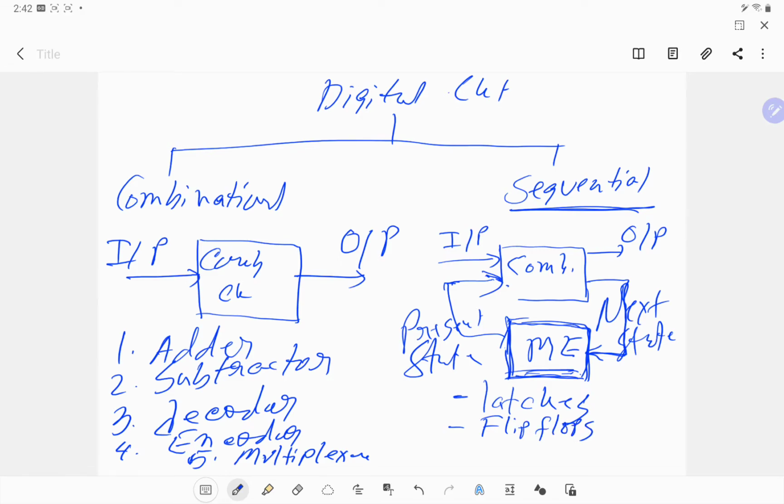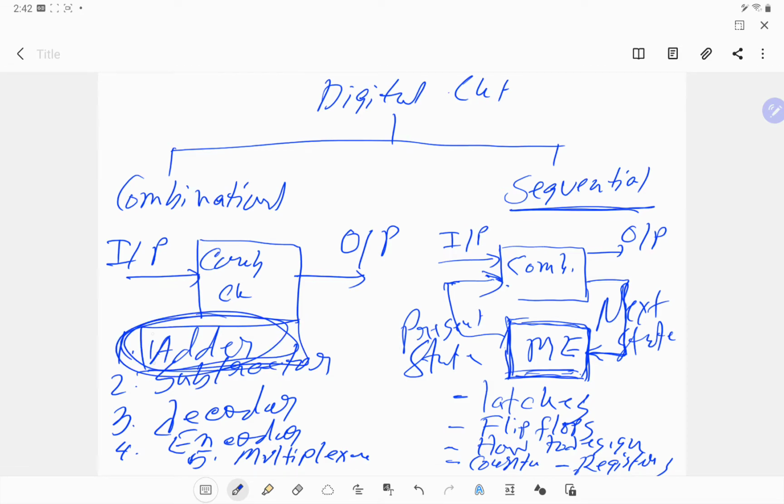Flip-flops are made of latches. Then we study how to design any sequential circuit. Then we study counters and also the registers. So let's start with the adder circuits.